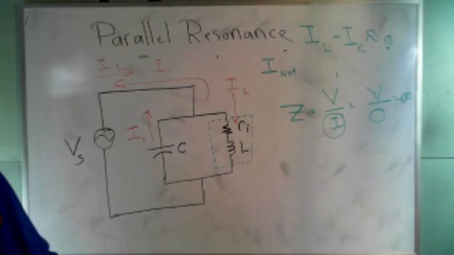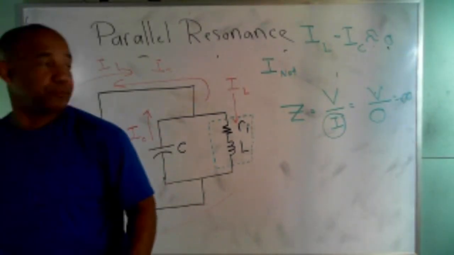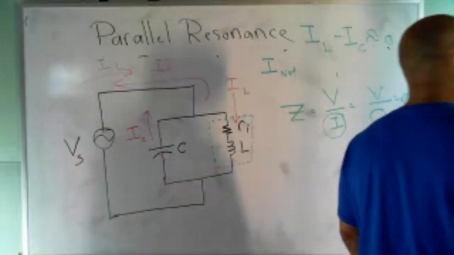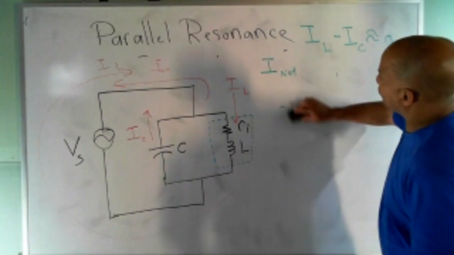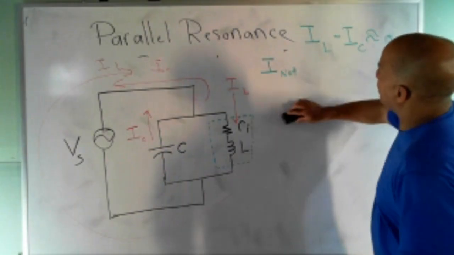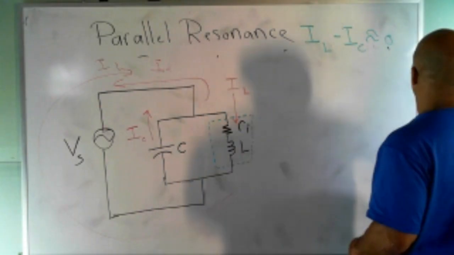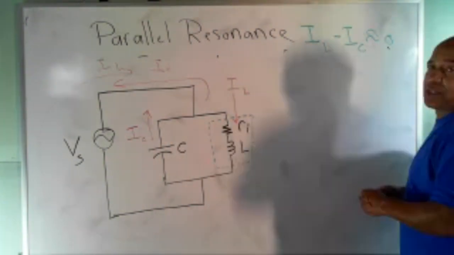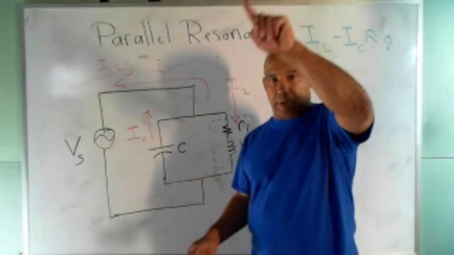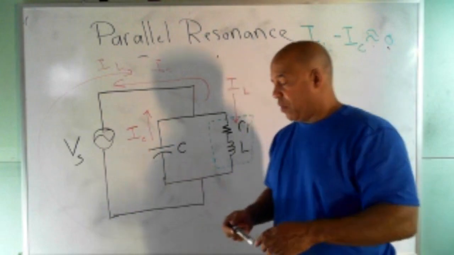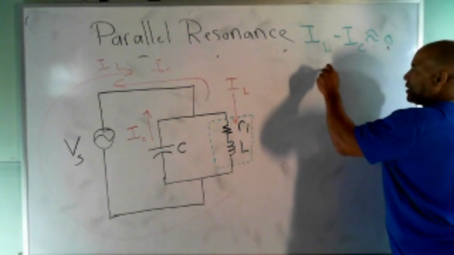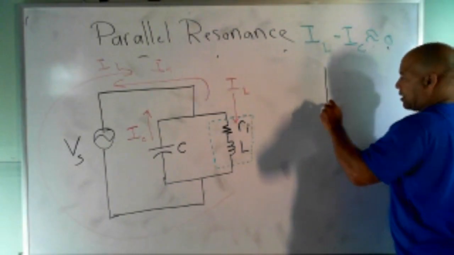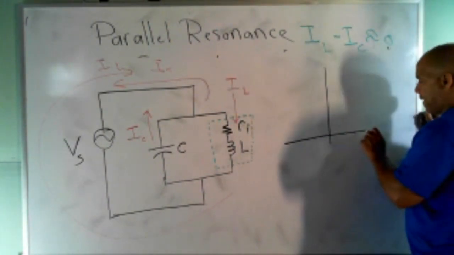Let me draw the curve for you. Actually, 2 curves. The curve for current, remember in the series resonance circuit, kind of like a bell curve? Well, in the parallel resonance circuit, since the impedance is max, the current is min. So here's what you have.